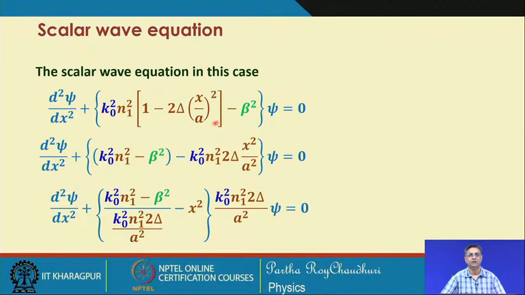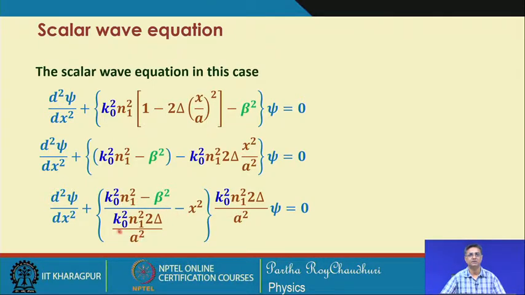And if we simplify this, we can take this k 0 n 1 square and beta square together. The remaining part we keep separately. Then this quantity we divide by this one. It needs simple algebraic manipulation in order to get any known form of the equation.